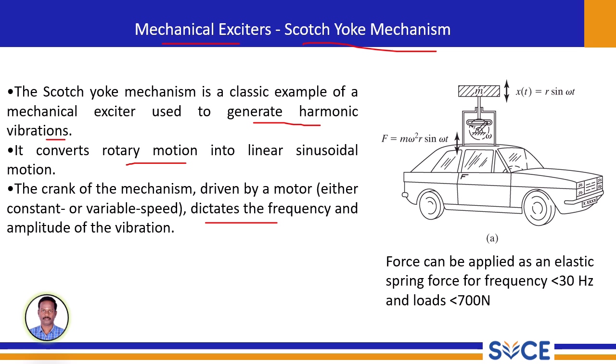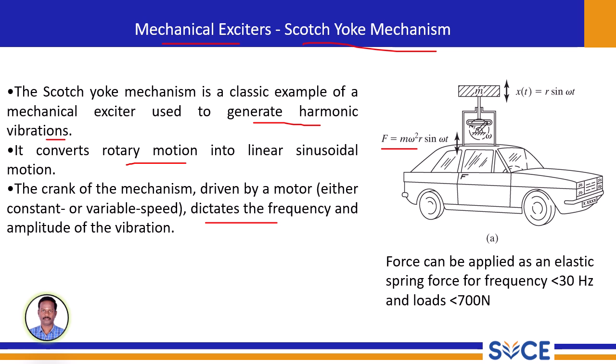Look at this figure. You can see a simplified representation of how this might be applied. Here the Scotch yoke mechanism driven by the motor is generating an oscillating force denoted as F equal to m omega square r sine omega t, where m is the mass of the rotating motor, omega is the operating speed of the motor, r is the radius of the crank, and the resulting displacement is x of t equal to r sine omega t.